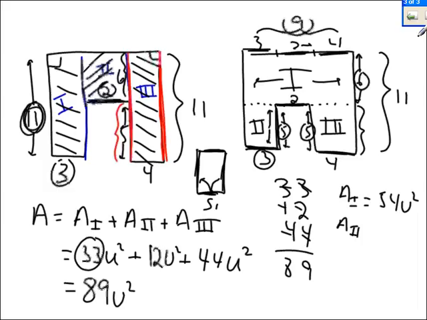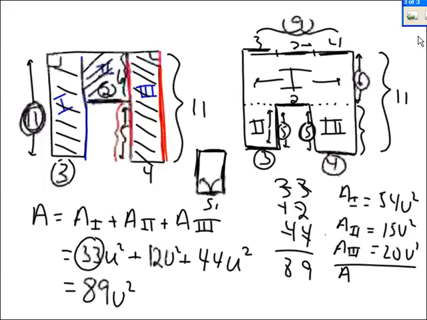The area of 2, like I said, is 3 by 5, 15 square units. And region 3 is 4 by 5, which is 20 units squared. Now, unless I made a silly error, the total area should be the same. 54, 69, 89. 89 units squared, just like we got before.